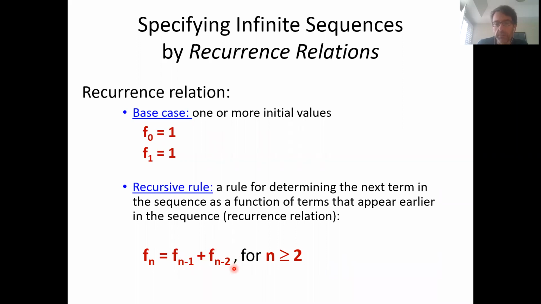Here is an example where you define the nth element of the sequence in terms of the previous 2. And for this to be a complete definition, you have to make sure that those two combined define the function for all integers, right?